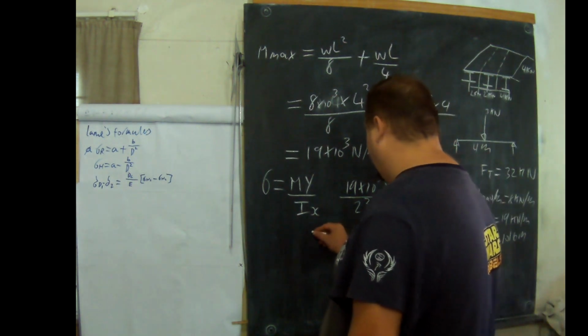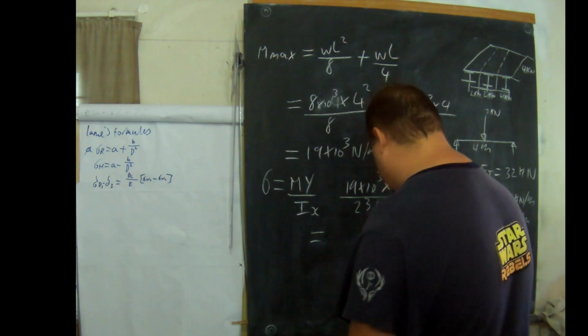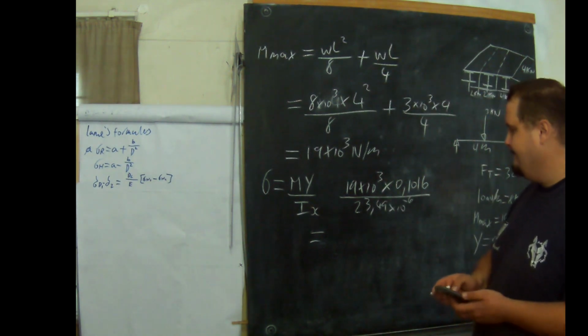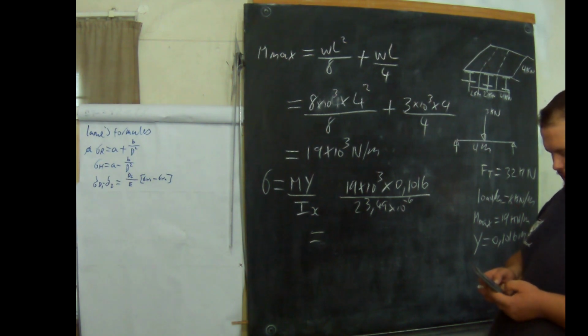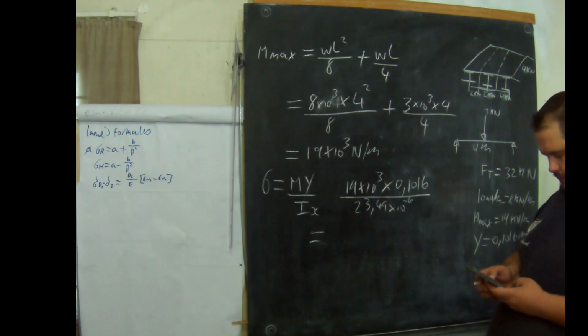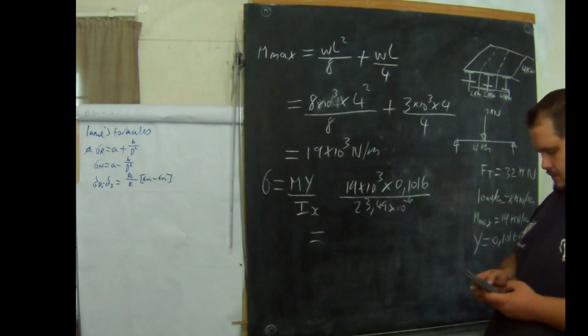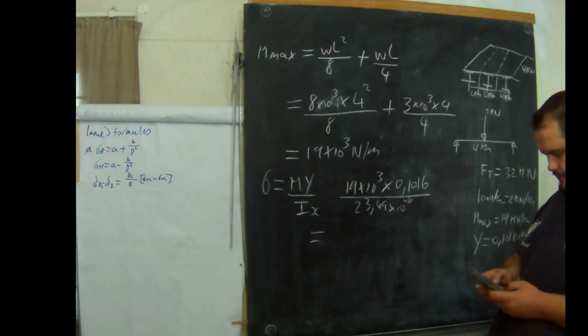Okay, so this will equal, put this in our calculator, 19 to the 3 times 0,1016 divided by 23,49 times 10 to the minus 6.